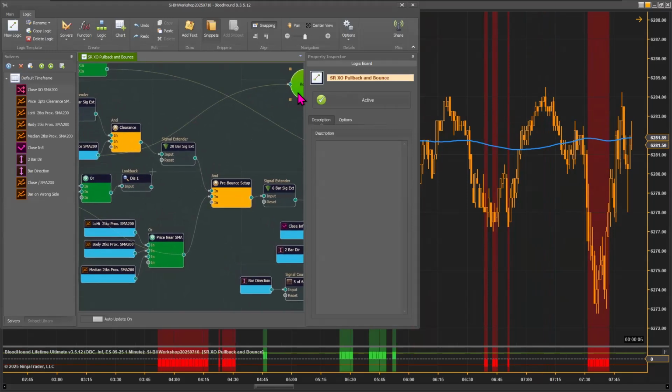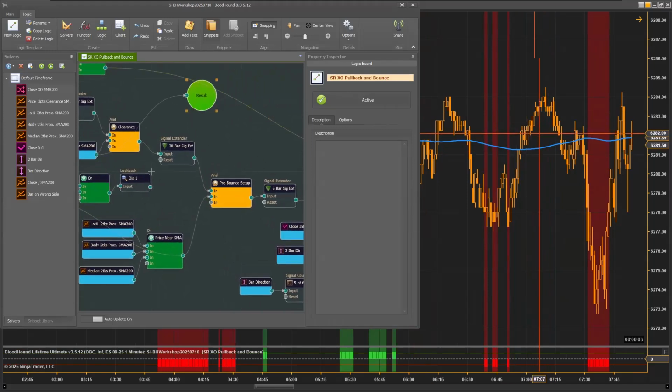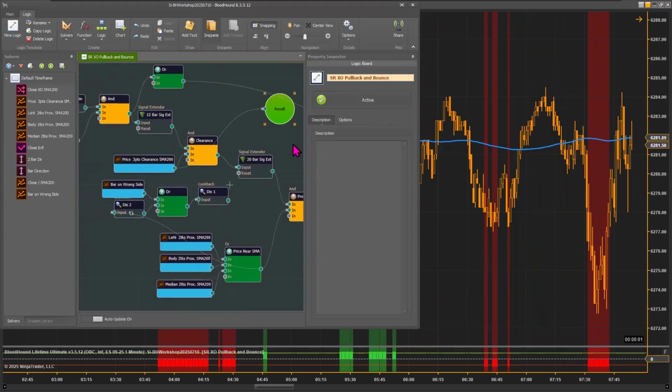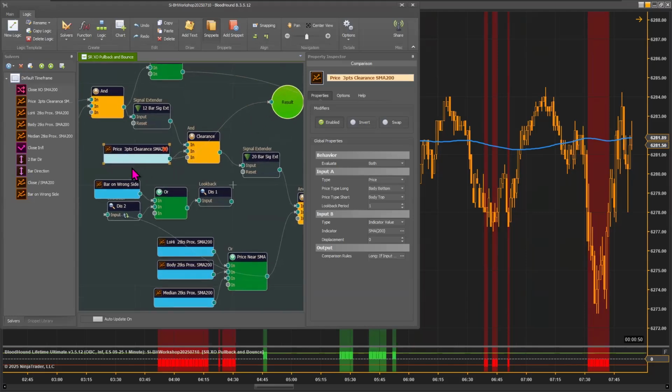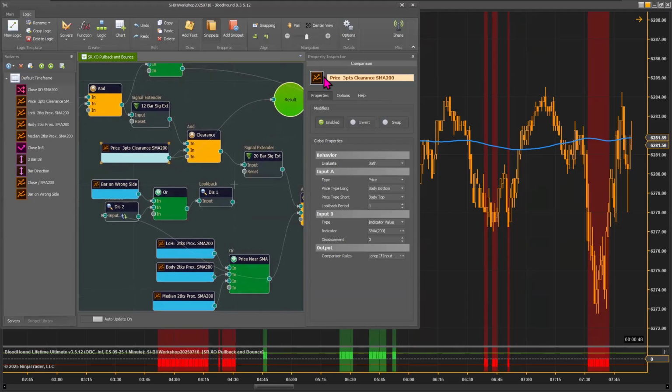So if you ever wonder why you're not seeing a signal, it's just a matter of taking each element and taking a look at it. Right now I have the price with 3 points of clearance from the SMA.